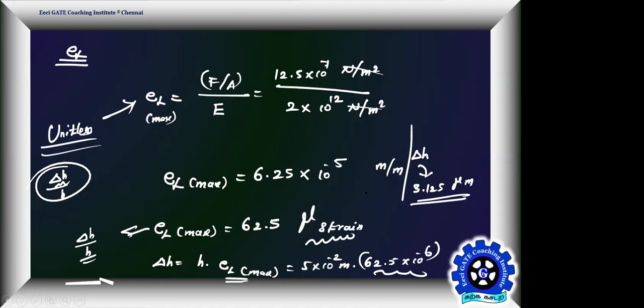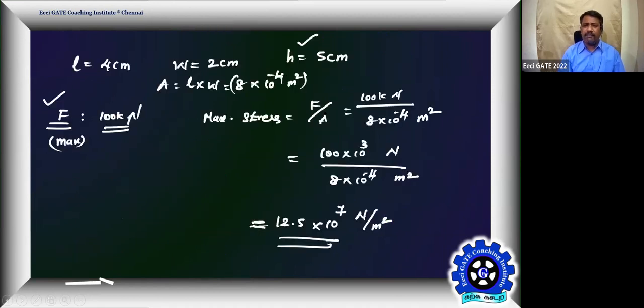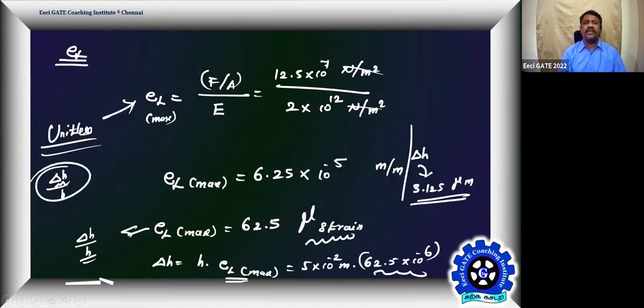I have taken a load cell and shown you how you can comfortably play with the applied force, converting the maximum applied force into maximum stress, and maximum stress into maximum strain. You see what connection you establish from force to stress, stress to strain, and what the longitudinal strain influences: it only influences the change in height or thickness of the metal block.